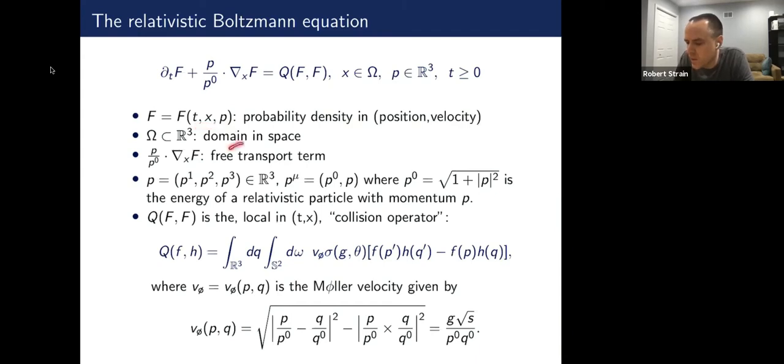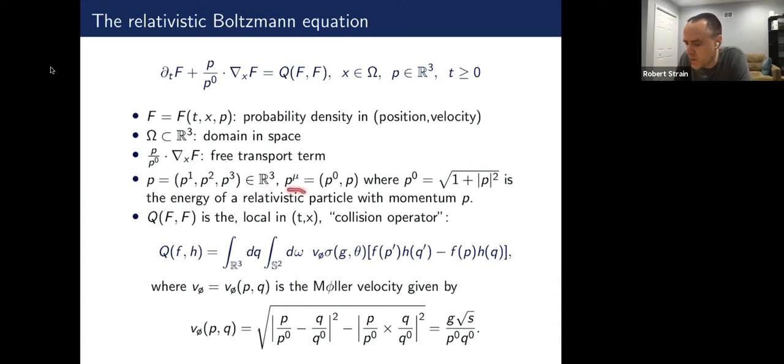Omega is a spatial domain, and the quantity P over P0 dot gradient X of F is a free transport term. It represents just free transport, pushing forward with no obstructions. And P is the momentum variable. It has three components, so it's an element of R3.